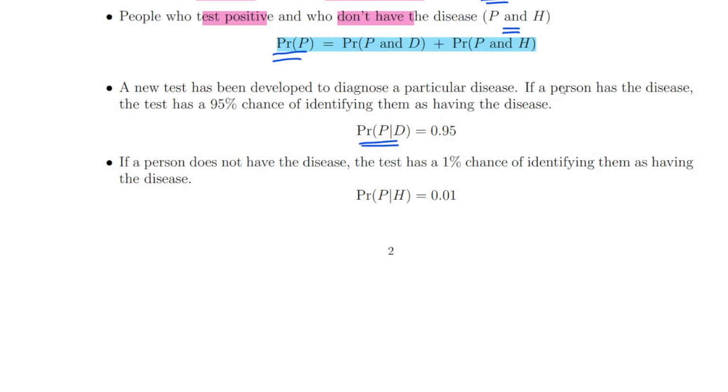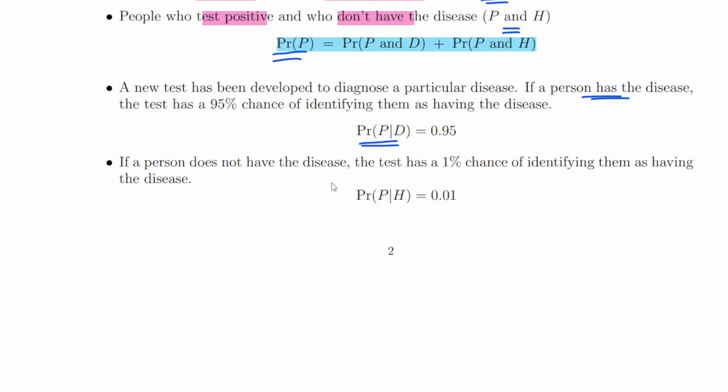Given D, the test has a 95% chance of testing positive, so the probability of P given D equals 0.95. Remember, given D, this is contingent on them having the disease. That's why the D is that side of the bar.